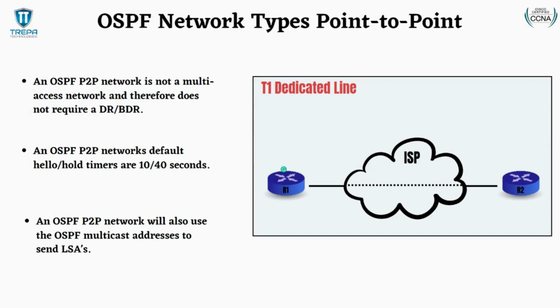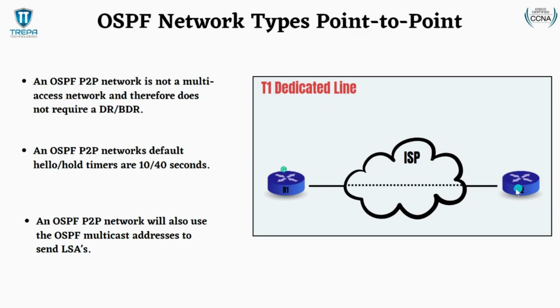Point to point. So in an OSPF point-to-point network, it's not a multi-access network and therefore does not actually require a DR or BDR election. So in a point-to-point network, you do not need DR or BDR. So essentially, those routers are just going to send LSA updates to each other without the need for a master or slave relationship. Okay. And again, it's not multi access.